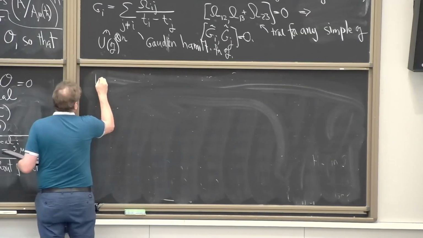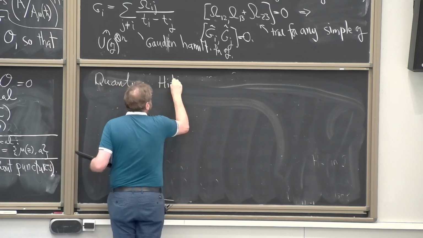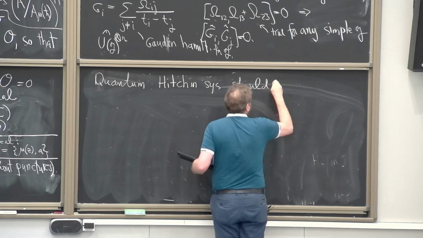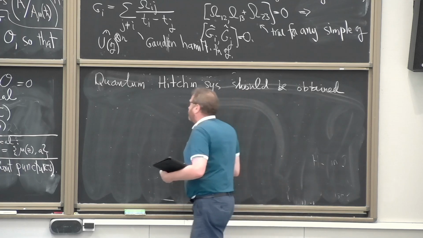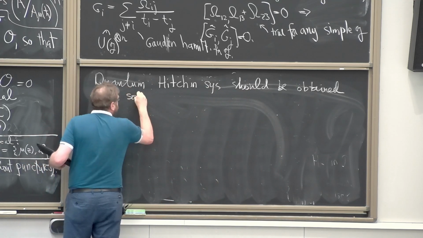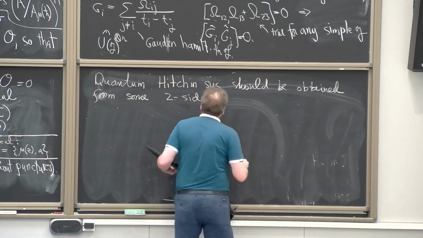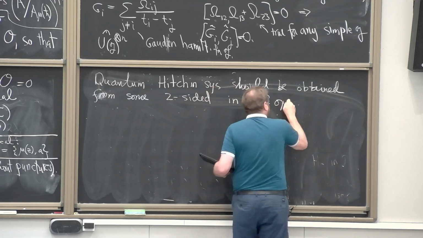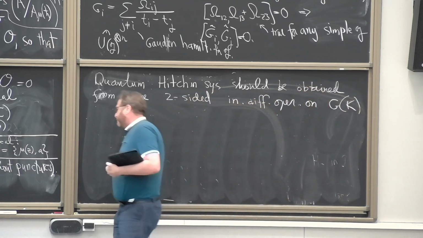So the quantum Hitchin system should be obtained from some two-sided invariant differential operators on this group G of K.